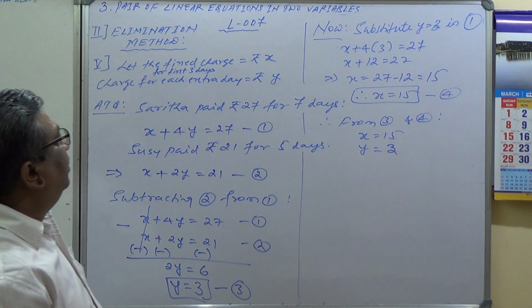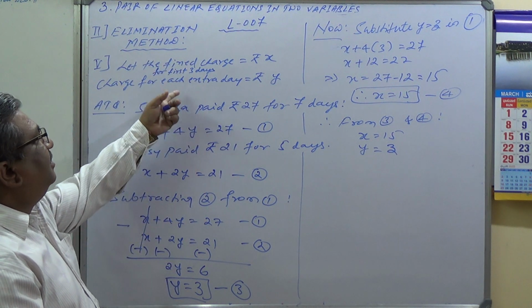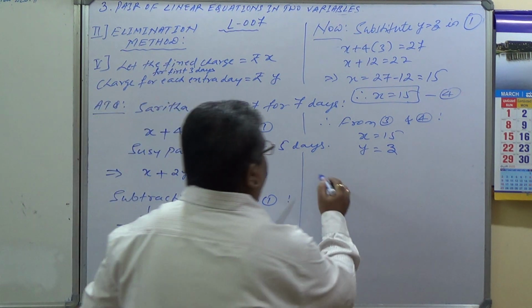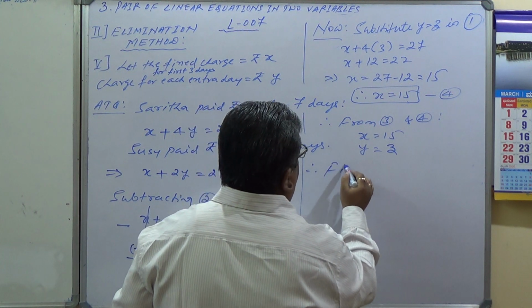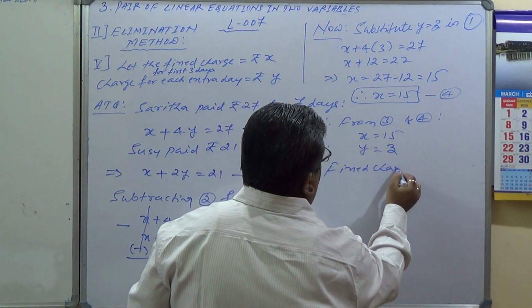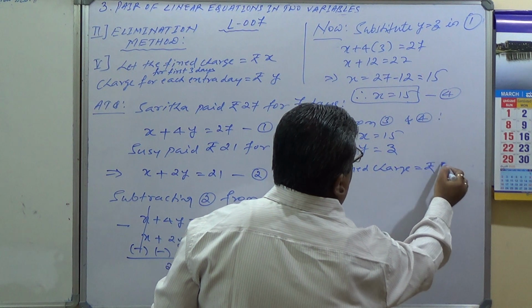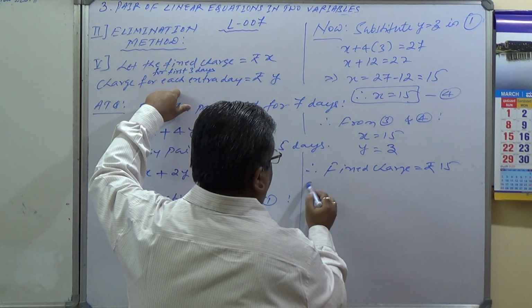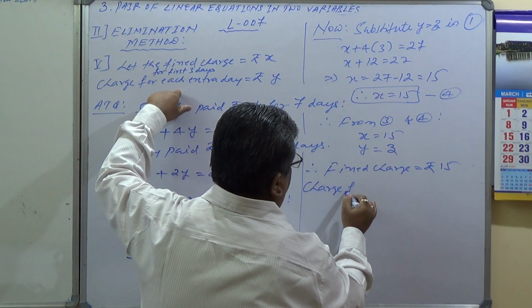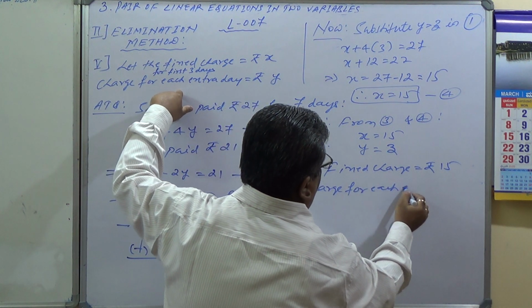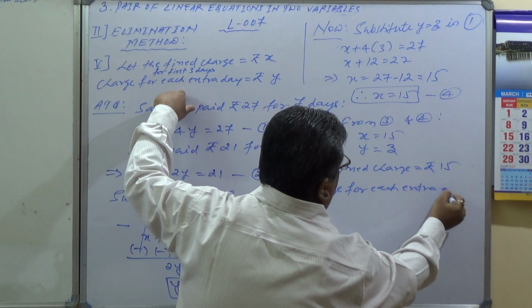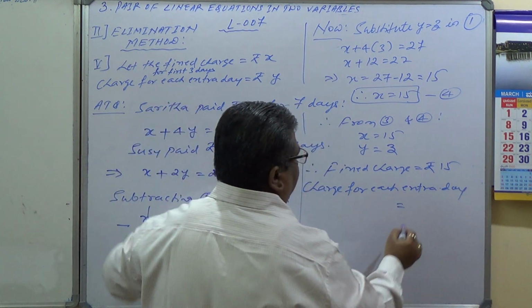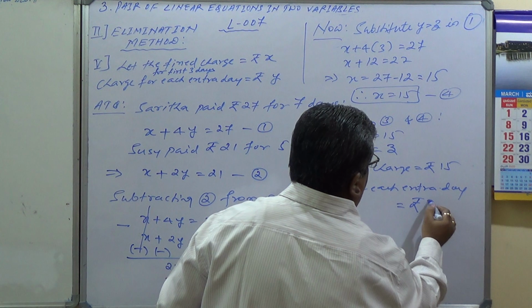What is the question? Find the fixed charges and the charge for each extra day. Therefore, the fixed charge is equal to rupees 15 and the charge for each extra day equals rupees 3.